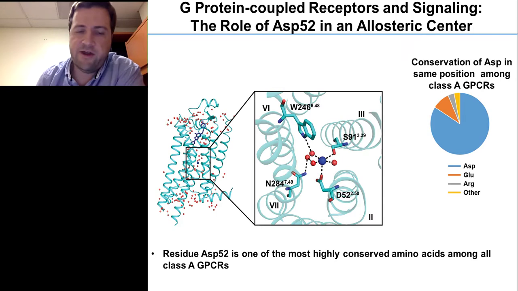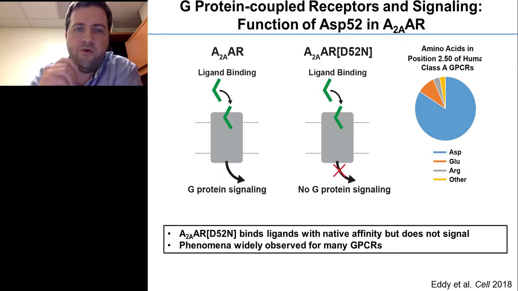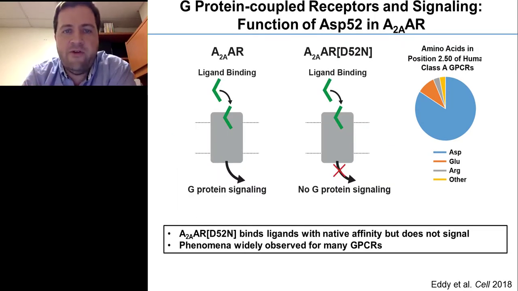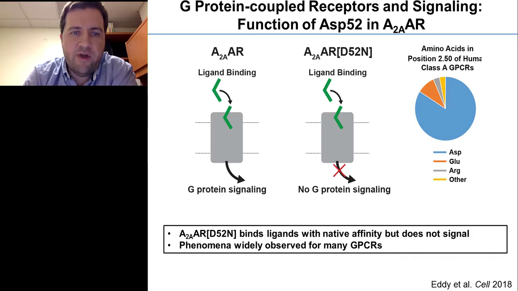So it's highly conserved. Now, if we replace this aspartic acid 52 with the neutral asparagine, this leads to a variant protein with some interesting properties. So on the left is a cartoon showing that for the wild type or native A2A-AR, when an agonist or ligand binds to the receptor, we get G protein signaling as a consequence of that.